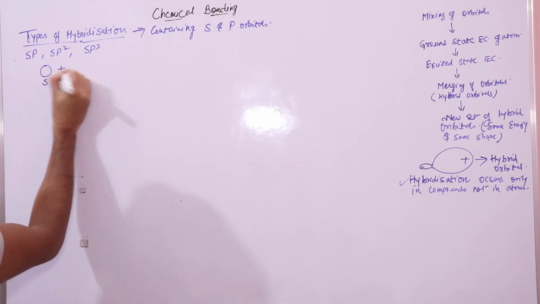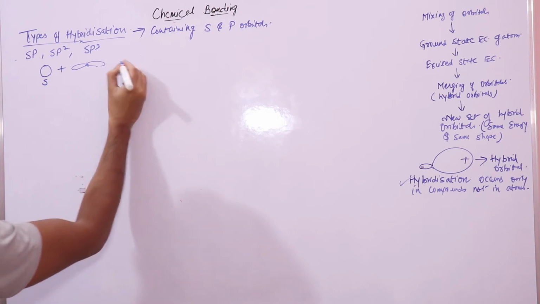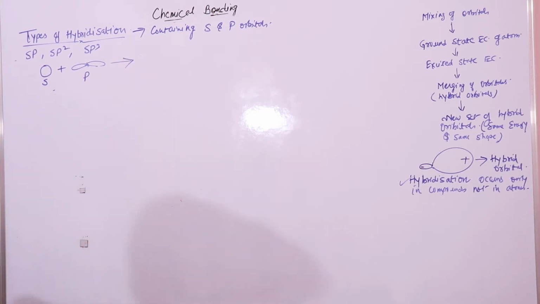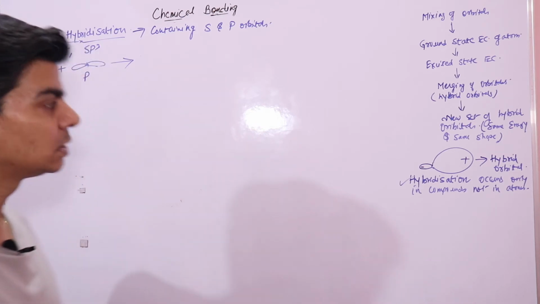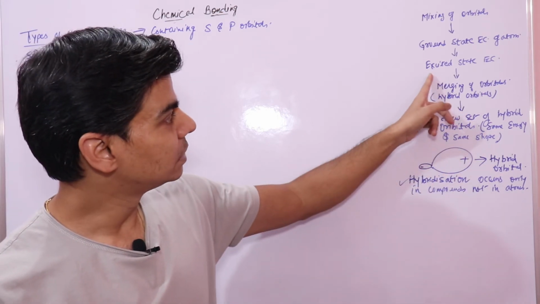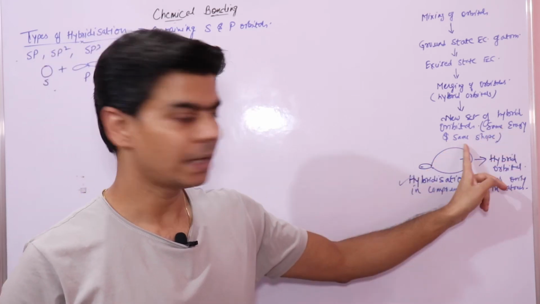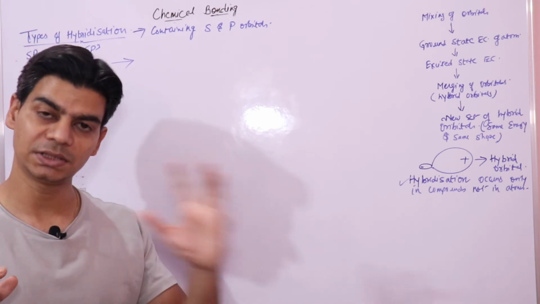When one s and one p orbital will mix and merge, these two will redistribute their energy to form a new set of hybrid orbitals that will have the same energy and the same shape, and a definite shape also.